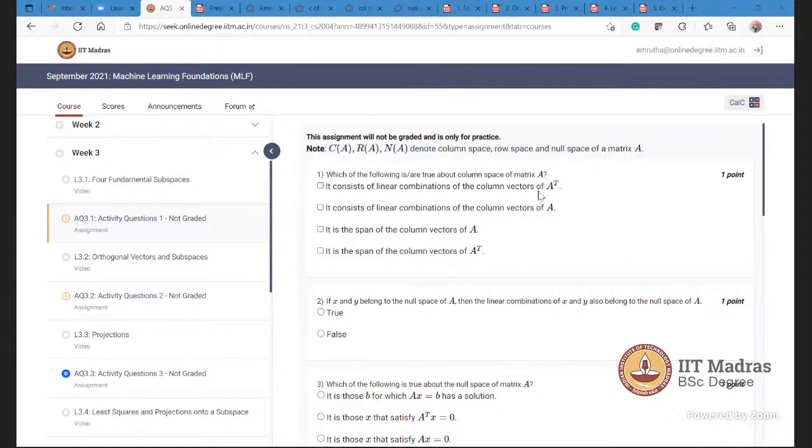If you consider the column space of a matrix, it is the linear combinations of the column vectors of the matrix A. For example, let me show you an application.